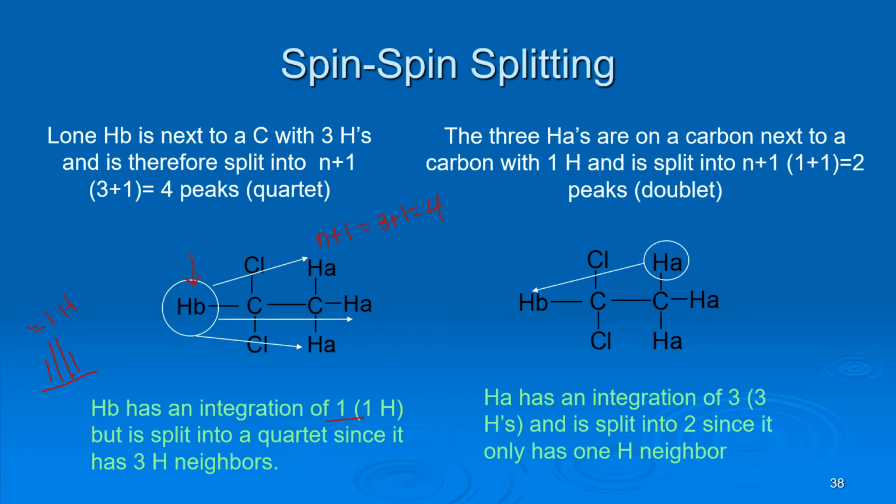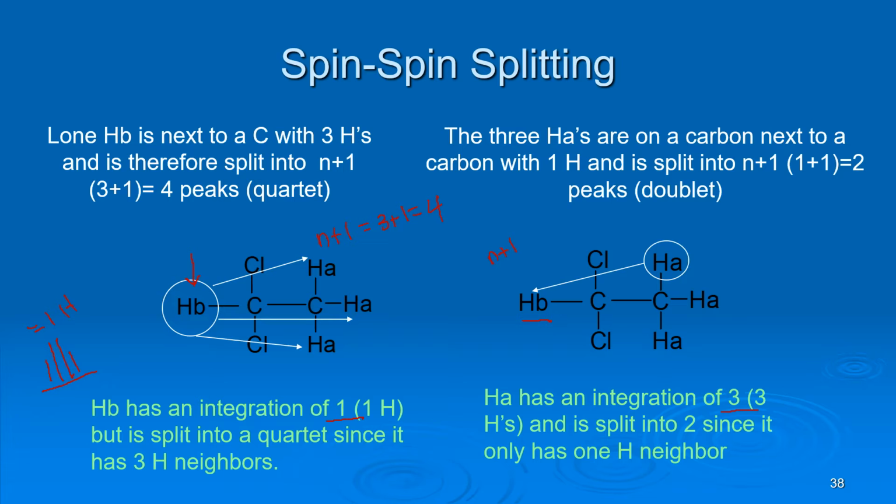Going over here, these three are equivalent to each other. They're all influenced by the one over here. So notice they're neighboring carbons. It doesn't happen unless the hydrogens are on neighboring carbons. In this case, there's going to be a peak that has an integration of 3 because of the 3 hydrogens. And it's going to be split into N+1.